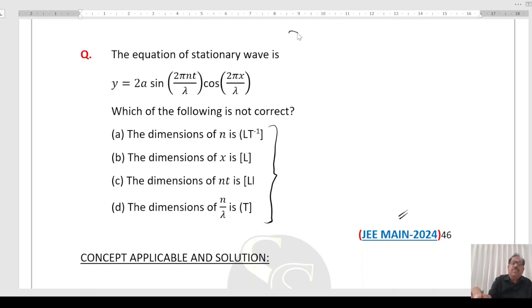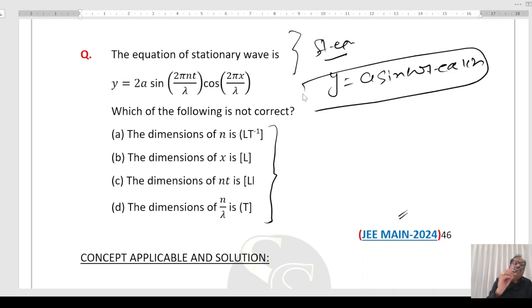Standard equation of standing wave is y equal to a sin omega t cos of kx. This is the trigonometric function, this is the trigonometric function. This will be dimensionless, this will be dimensionless, right?